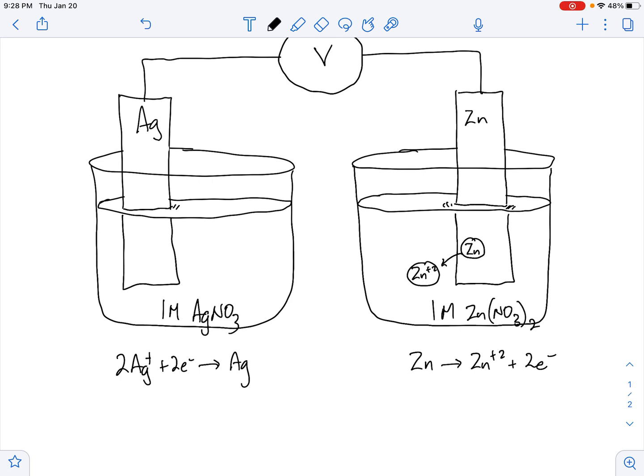They'll just bing off of there. You can't make a solid out of ions of the same charge. And so that zinc ion is going to go into the water.